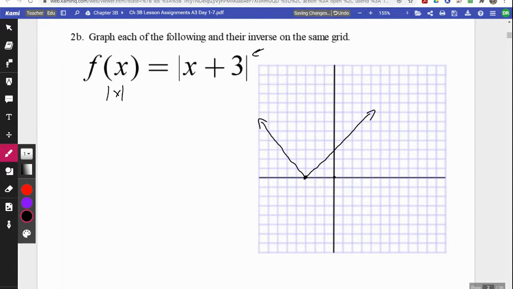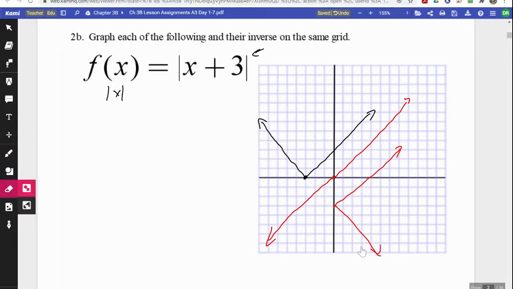Just to be consistent and complete, this will be symmetric over the line y equals x. If I had an imaginary line right here and folded this thing in half, this line is going to appear over here somewhere and go up, and this one's going to go down like that. That's kind of where we're headed, but we can't be sure.